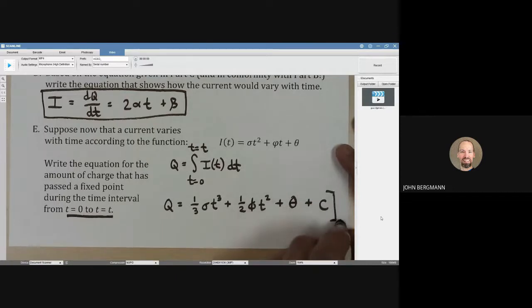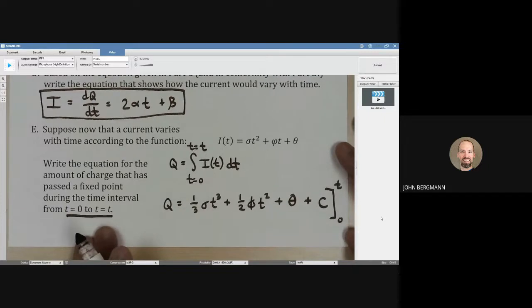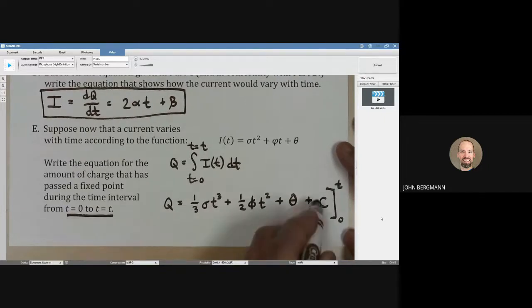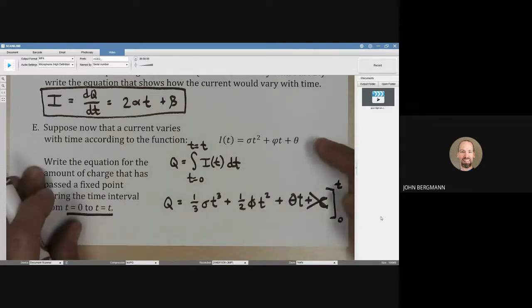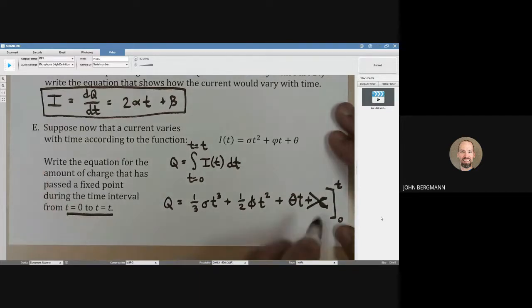From t equals 0 to t equals t. And we've said anytime you have a definite integral, you don't have to worry about the C. So I think, oops, I forgot to multiply theta by time here. There we go. Put that in there, right? Because when you integrate theta with respect to time, you get theta times t. I think all of this is good.